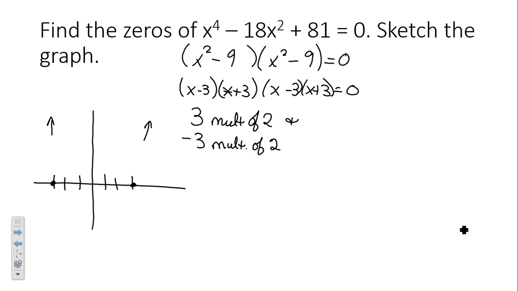So it's going to be clear up here at 81, but it's going to cross the y-axis at 81. And what does that multiplicity of 2 make it do? Kiss the graph. So we're going to kiss that dot, go way up here to 81, kiss the dot, and go back up.